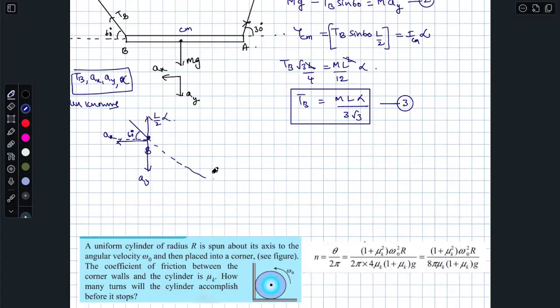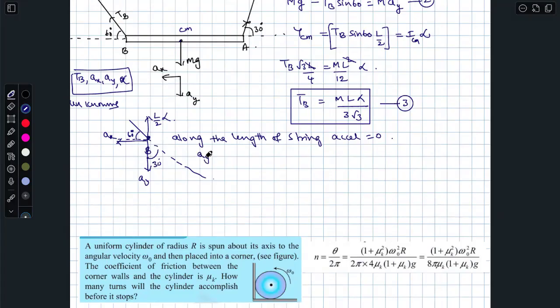That is the direction of the string. So along the length of the string, acceleration must be 0. If this is 60, this is 30.